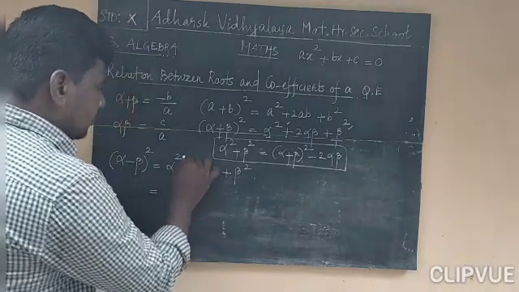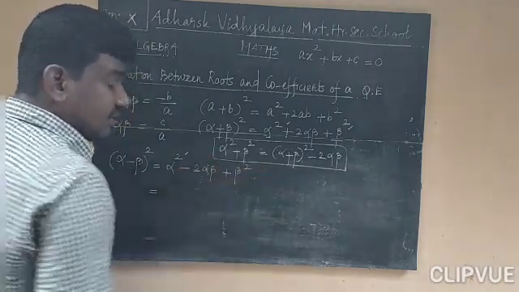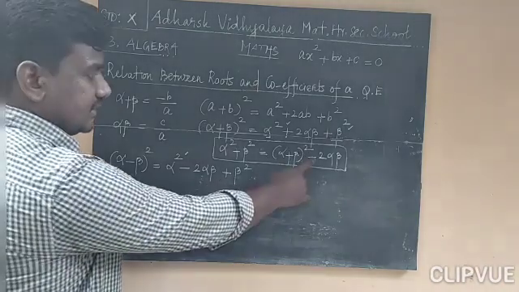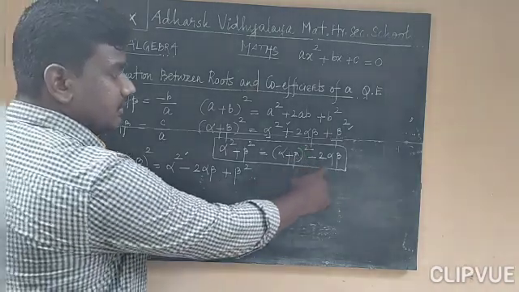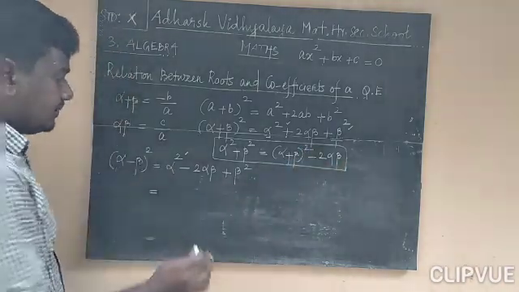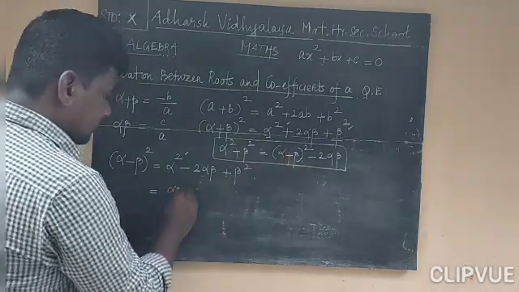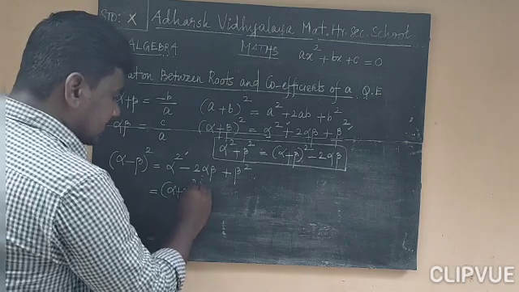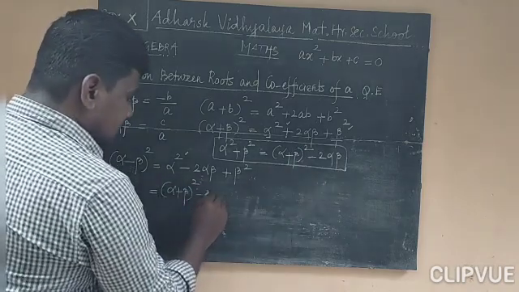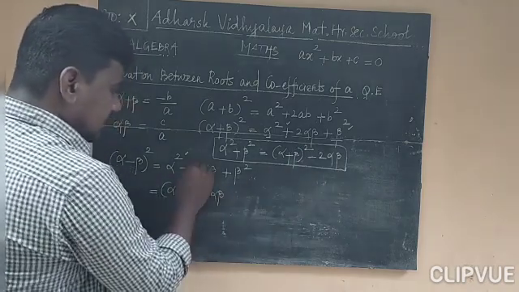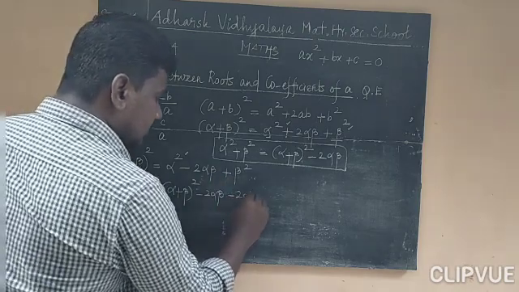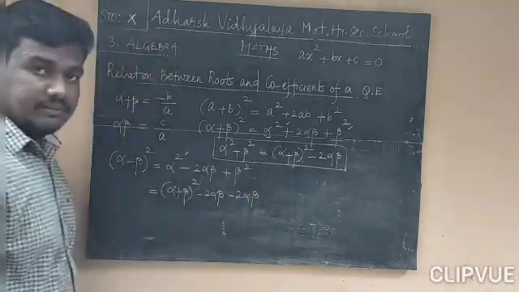Now you know the alpha square plus beta square value that we found already: alpha plus beta whole square minus 2 alpha beta. I am going to replace alpha square plus beta square by this one. So alpha plus beta the whole square minus 2 alpha beta, and we already have another minus 2 alpha beta.